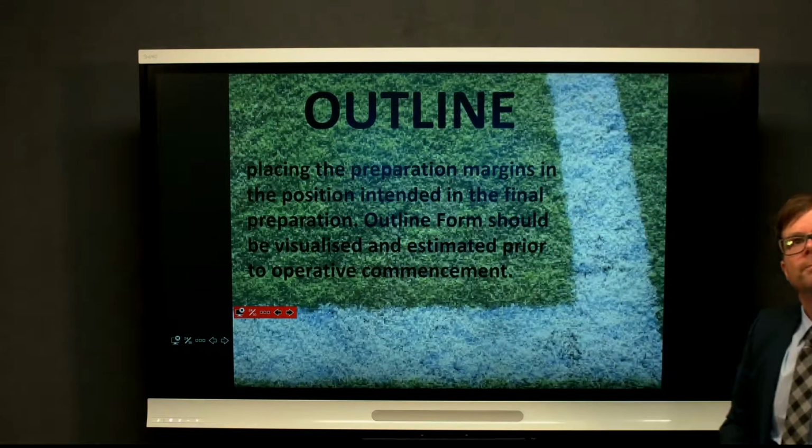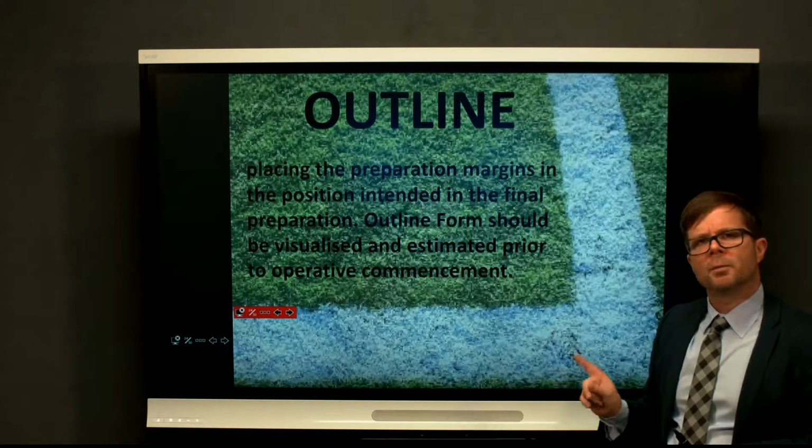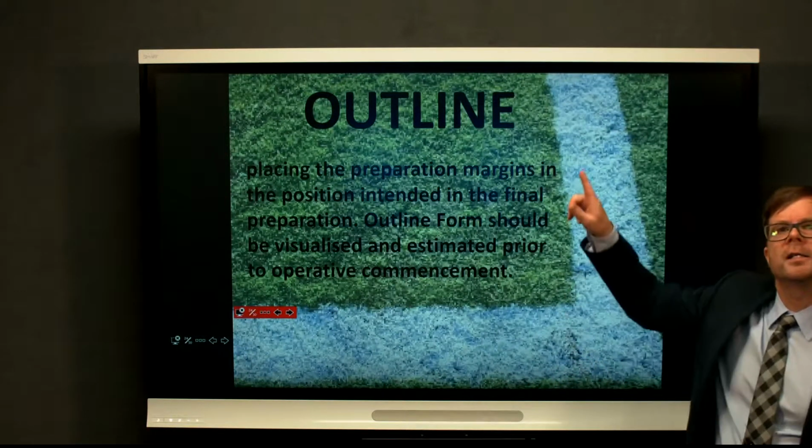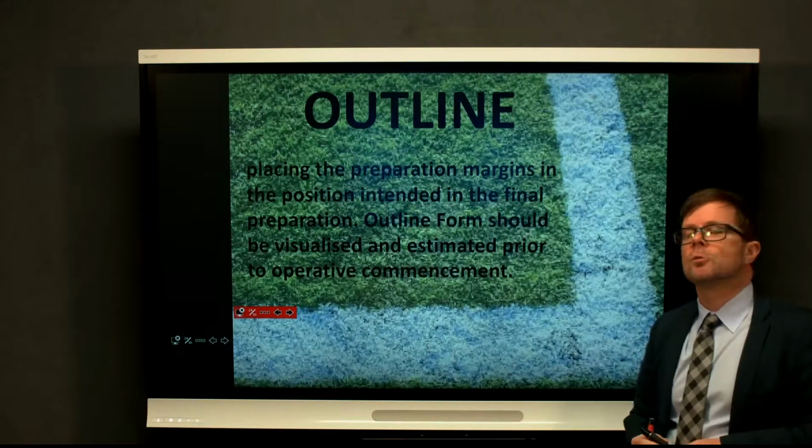The outline form, and apologies for the slide, it's not particularly clear, but the point I'm trying to make here is that the outline is the border where the margins of the restoration will be.